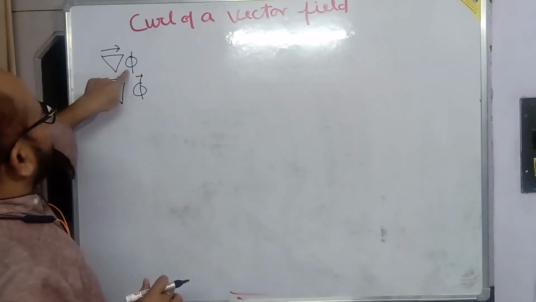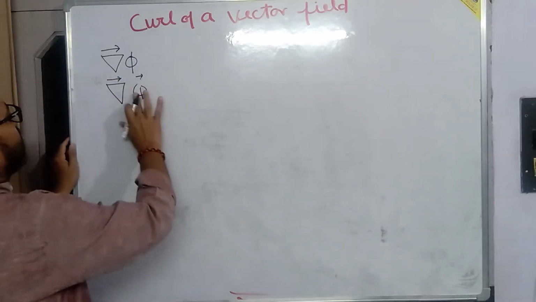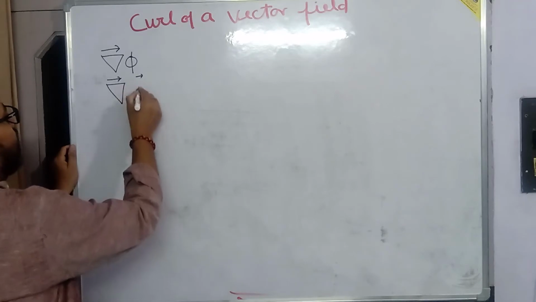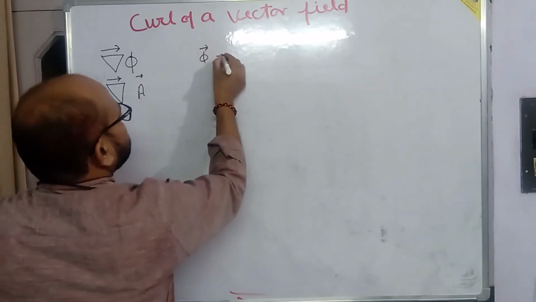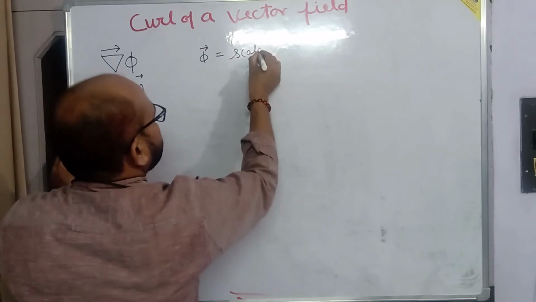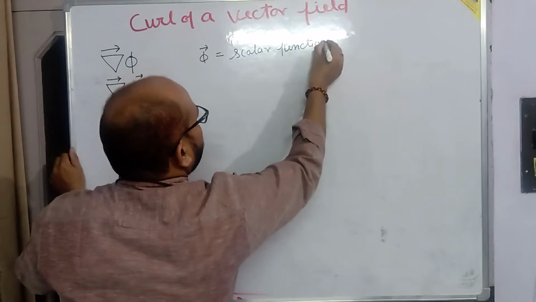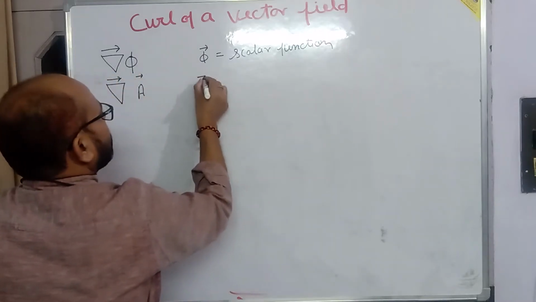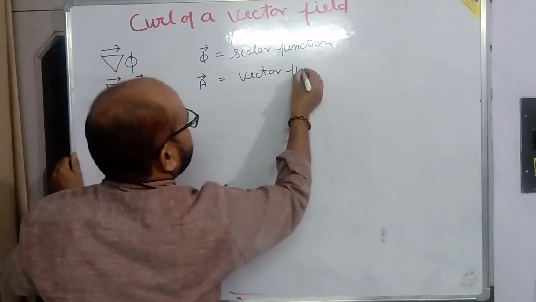In the previous lecture I already discussed the gradient of phi, where phi is a scalar function, and A is a vector function, a vector field.